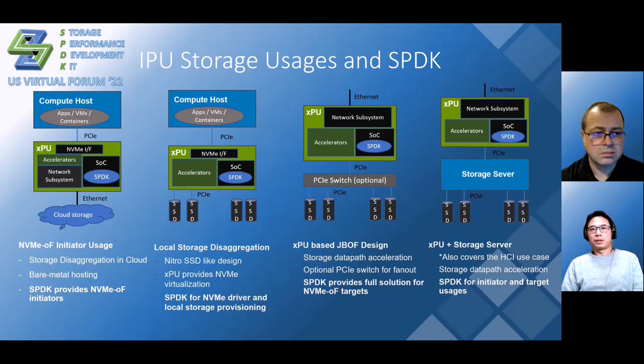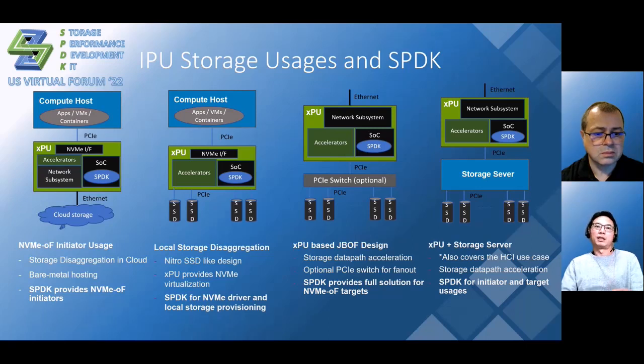The first picture shows the NVMe over Fabric initiator usage model. What this picture shows is you add one IPU/DPU into a computer host, right? In this picture, I'm just using XPU as a general terminology, which covers both IPU and DPU devices.